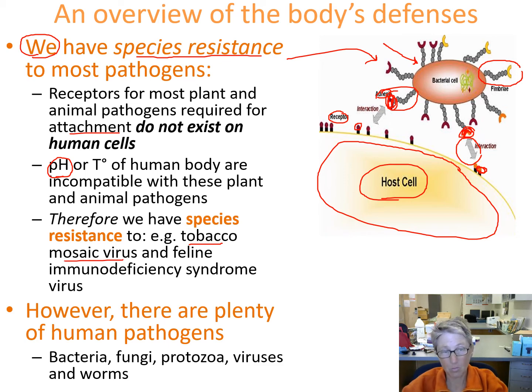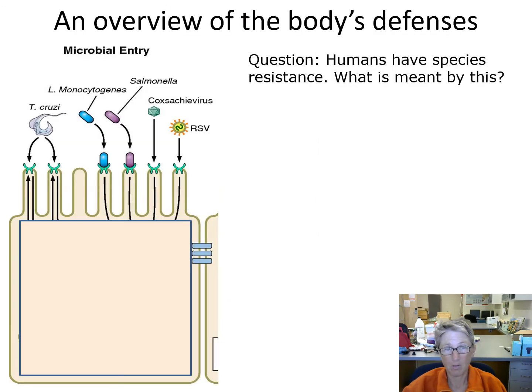Feline immunodeficiency syndrome virus doesn't affect us because we have species resistance to this virus that causes this disease, or syndrome, I should say. However, don't worry, there's plenty of human pathogens that we don't have species resistance to. So there's lots of bacteria, fungi, protozoa, viruses, and worms that can actually attach to our cells.